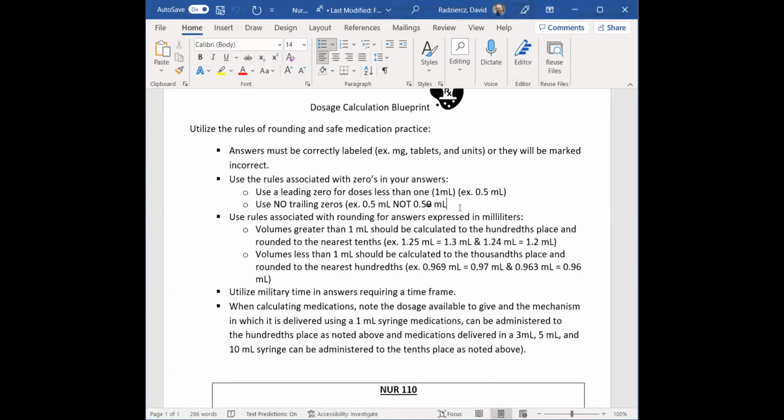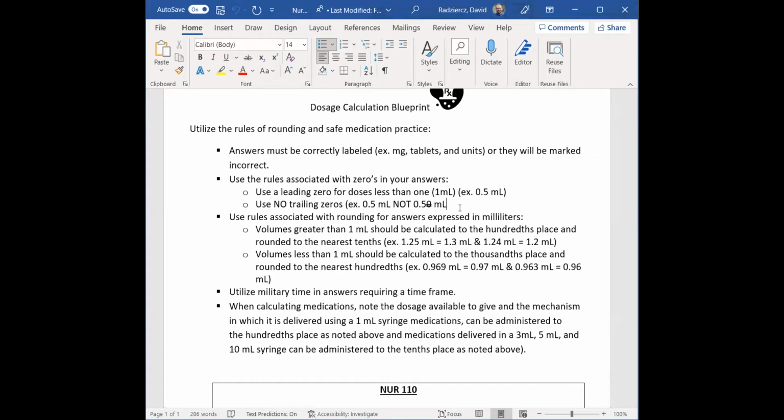All right, rounding rules. Now, these rounding rules are specific for when we're doing calculations in which it says you are ordered to administer a certain amount, how much would you give? That's where rounding rules come into play. You'll see this in a moment when we talk about your basic unit conversions, so metric system conversions.